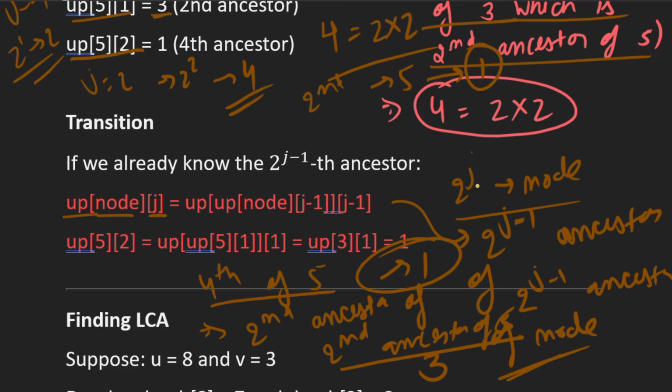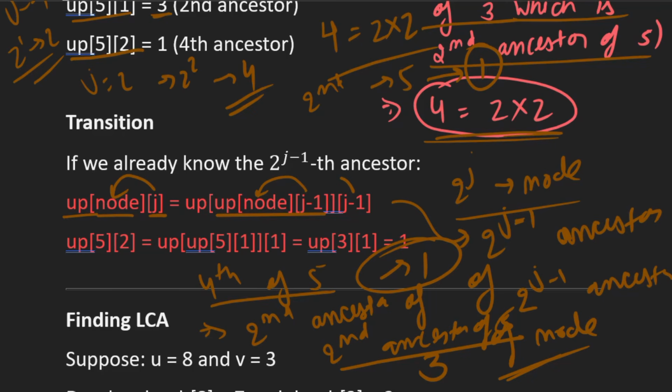So if you have to find the jth ancestor of a node, then we take the 2 to the power j minus 1 ancestor of this node, and this node is already the 2 to the power j minus 1th ancestor of the node. So basically we are splitting the thing.